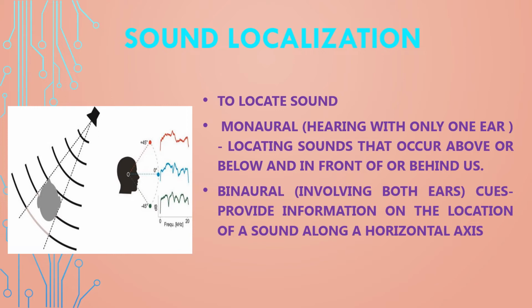So sound localization is the process of locating the sound. Here, monaural and binaural cues are used. The monaural cue helps in locating sounds that occur above, below, in front and behind us, and the binaural cue provides information along a horizontal axis.